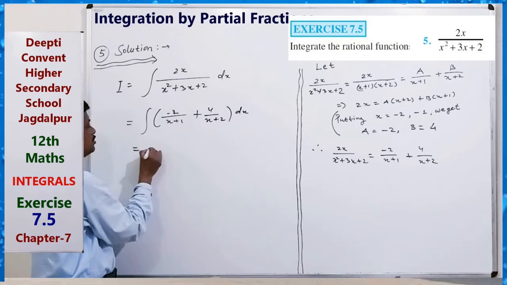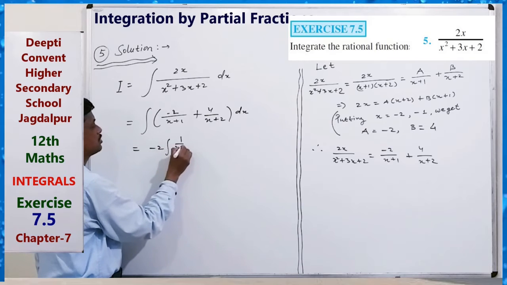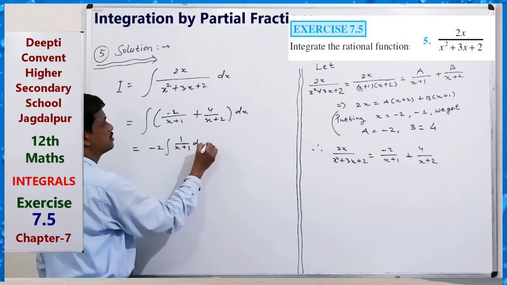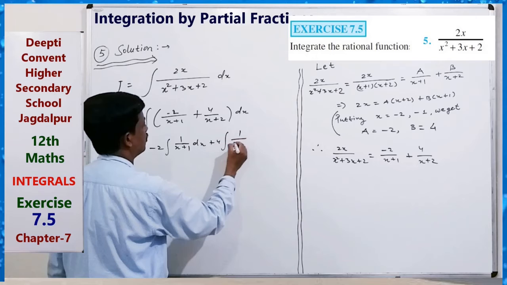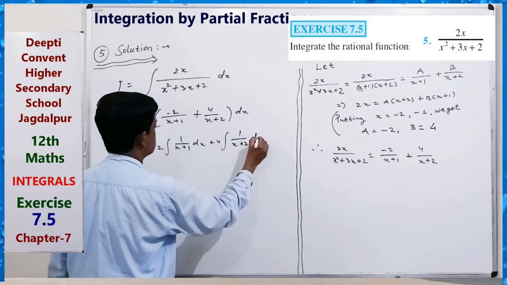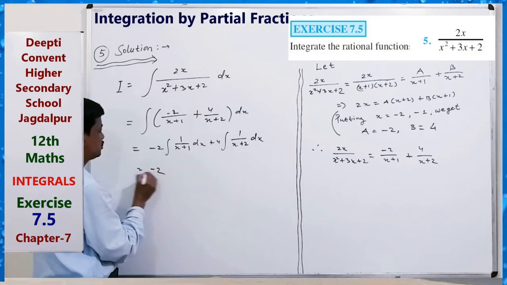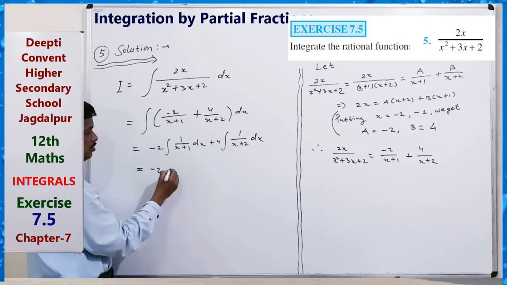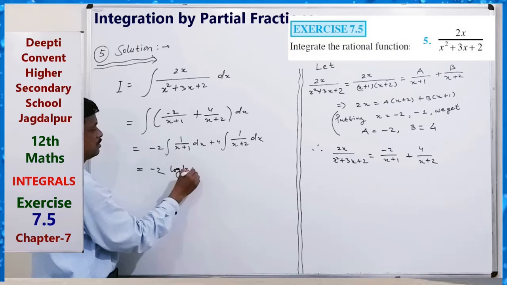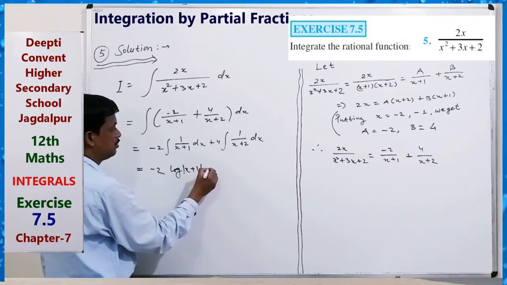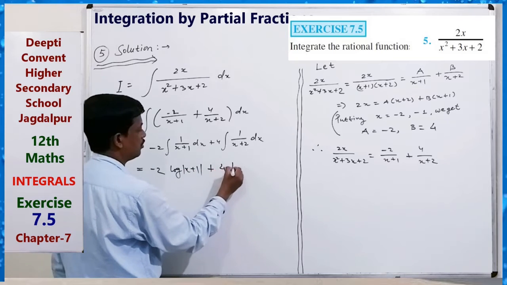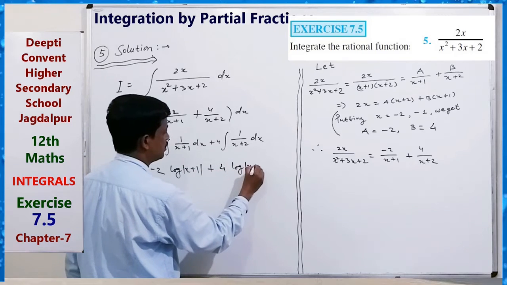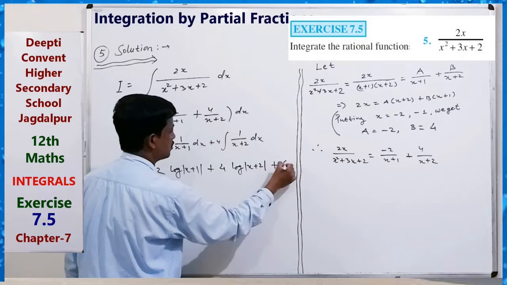So separate it and solve it: minus 2 times the integral of 1 upon x plus 1 dx plus 4 times the integral of 1 upon x plus 2 dx. This gives minus 2 log of x plus 1 plus 4 log of x plus 2 plus constant.